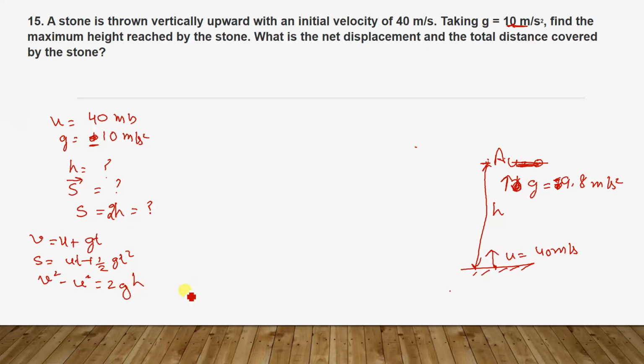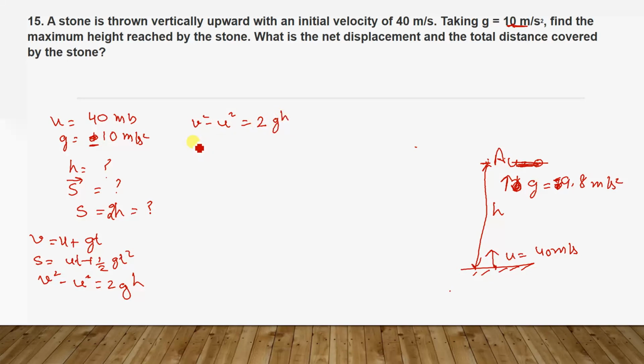Just think which formula we will apply. Yes, students. So the various things that we have been given, but here time is again missing. So we must use the third equation. So let's apply it. V square minus u square is equal to 2gh.